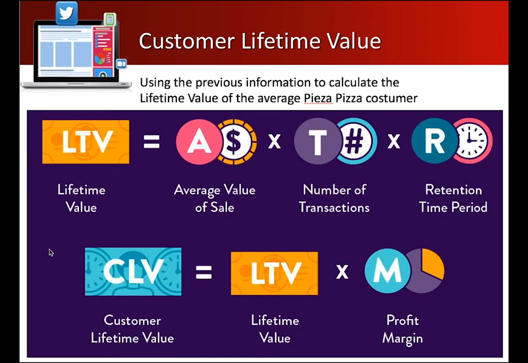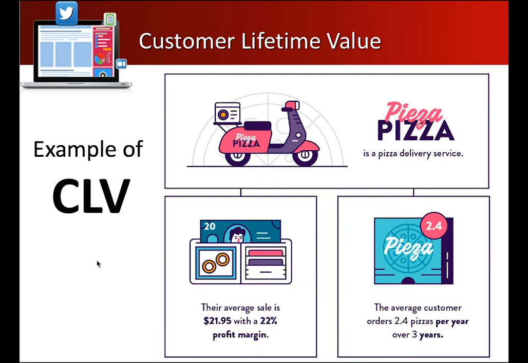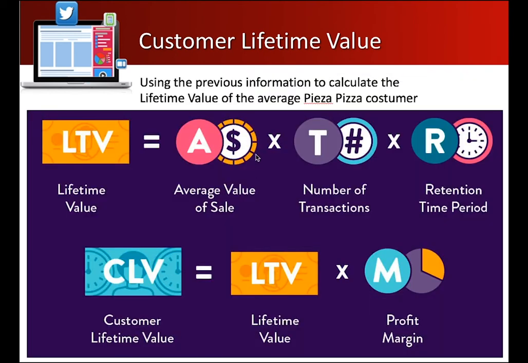So back to the formula, the first element we need is the average value of sale. Back to our example, the average sale is $21.95. So we're going to place here $21.95. Then the second element we need is the frequency of transactions.